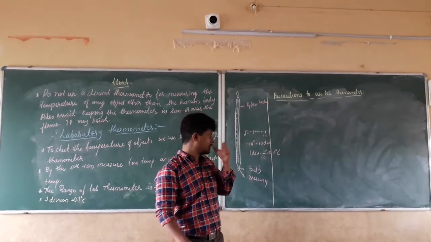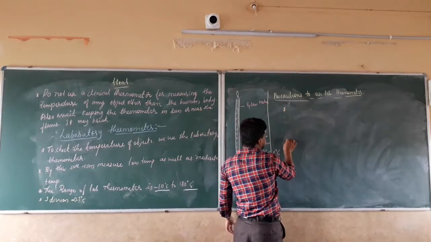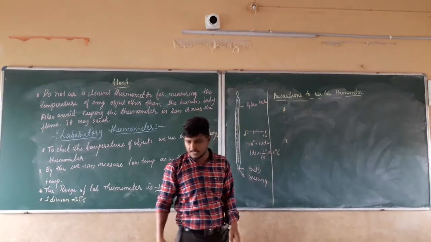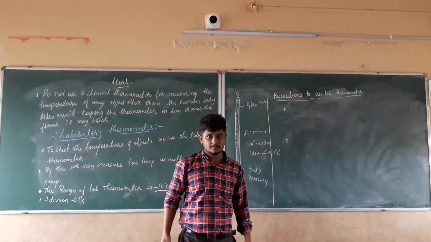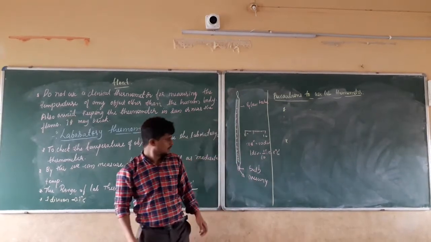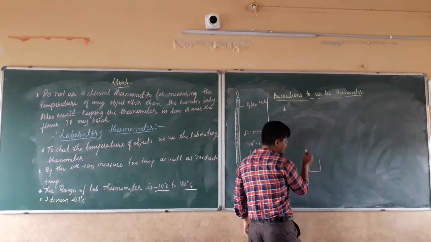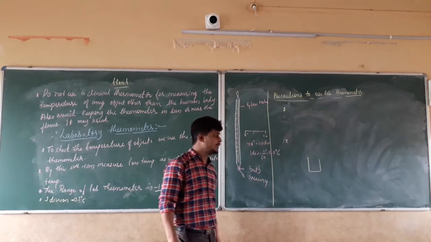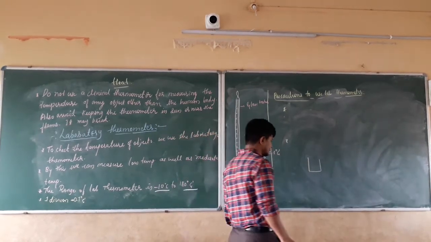Now next case. Another two additional precautions should be taken in the case of the laboratory thermometer, compared to the clinical thermometer. Now take an example. I am going to check the temperature. I am doing an experiment using water.